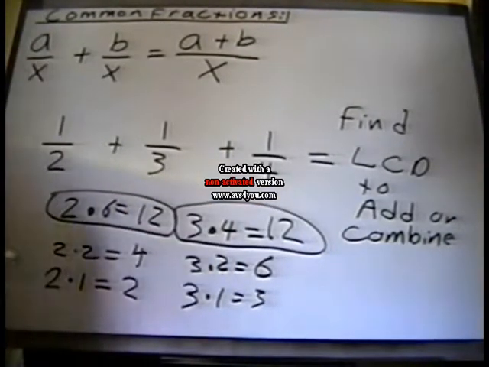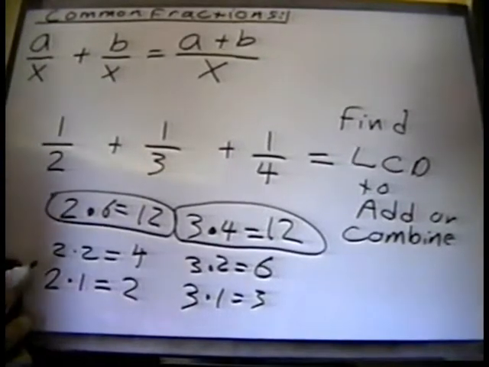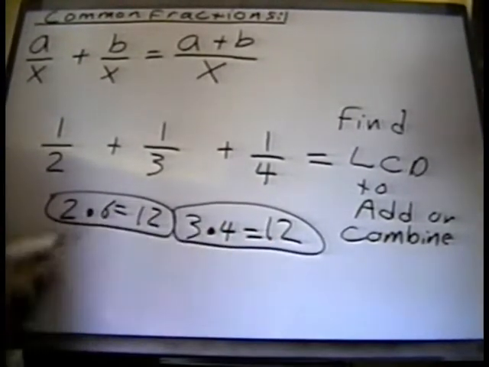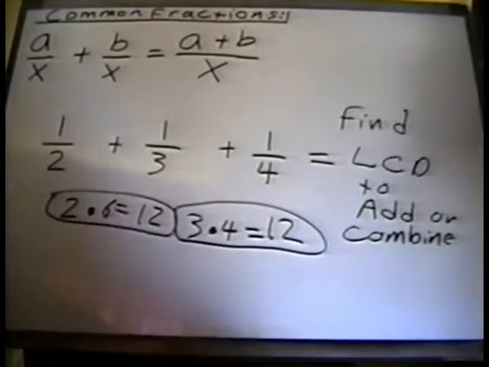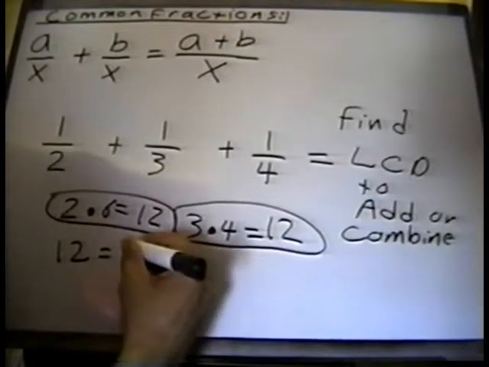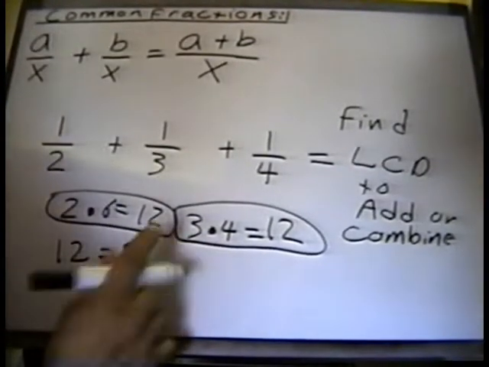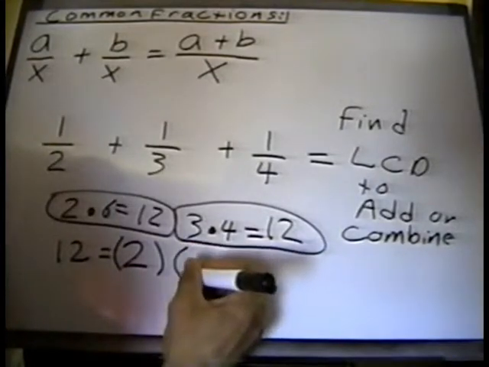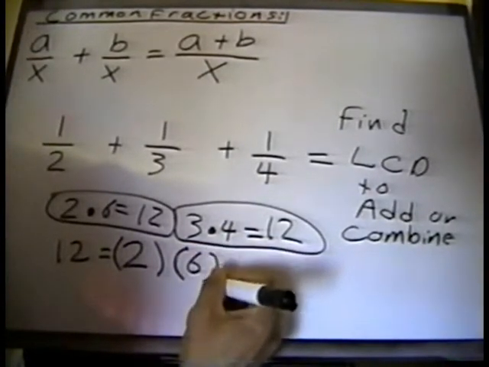So we look at this. So we have a number, 12. See, 12 is a number such that it has 2 as a factor. 2 is a factor of 12 when we multiply it by 6.